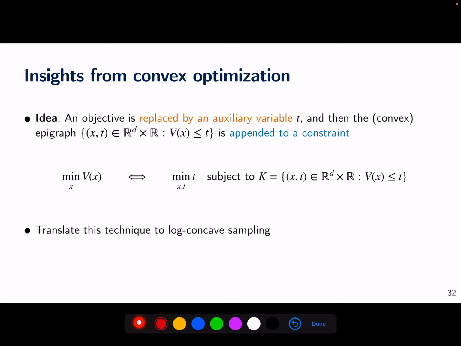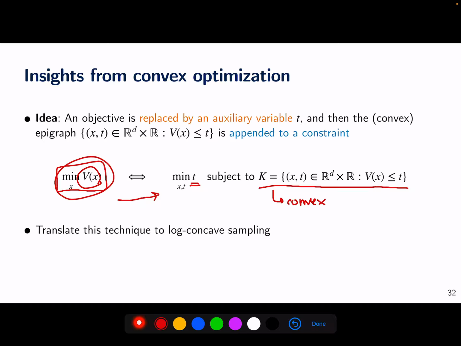In convex optimization, when you want to minimize a convex function V, people typically replace V by a new auxiliary variable t, and then append a new constraint, which is the epigraph of the convex function V, and which is convex because of the convexity of V. So your original problem is now simplified to a linear objective function subject to a convex constraint, but in a one-dimension-higher space.